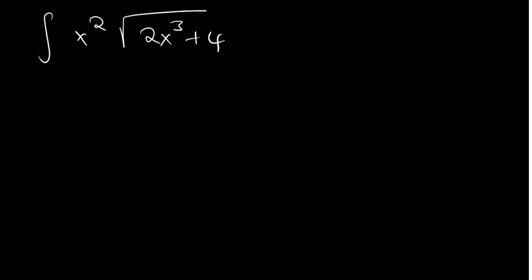Okay, so with that in mind, feel free to pause the video and try this one out. The integral of x squared and then the root of 2x to the power 3 plus 4 dx. Try this one out.